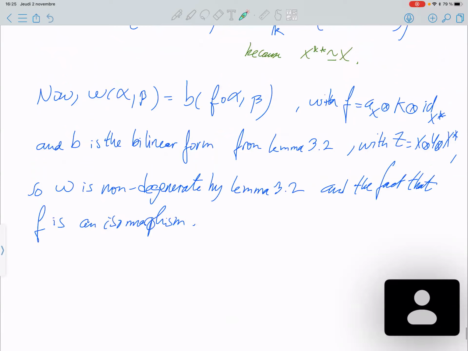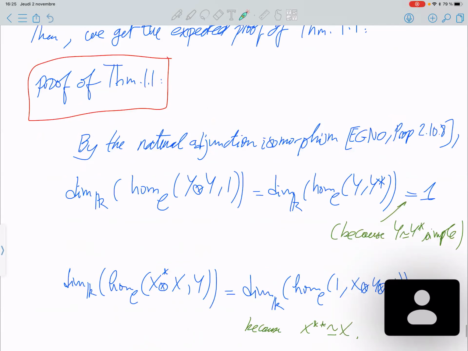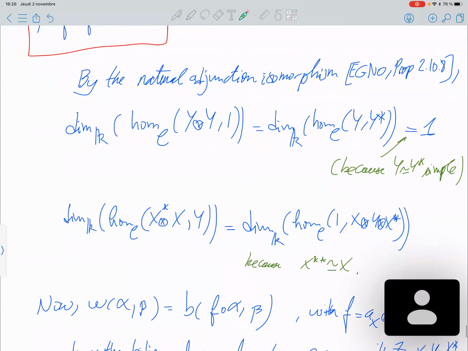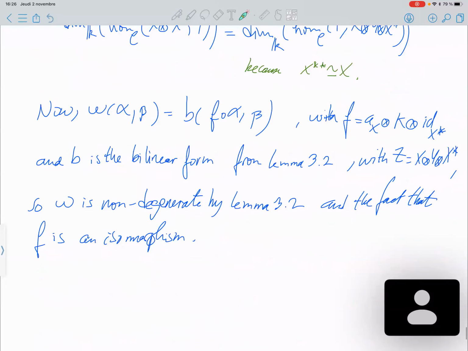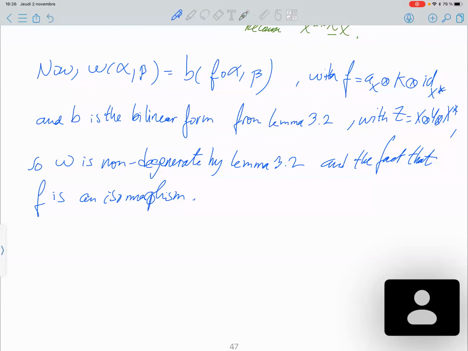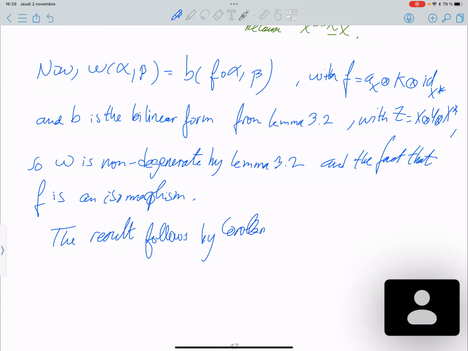So now, according to this dimension result and the non-degeneracy, we reduce to the corollary to 4.2. So the result follows by corollary 4.2. And we are done with this conjecture and with this section.